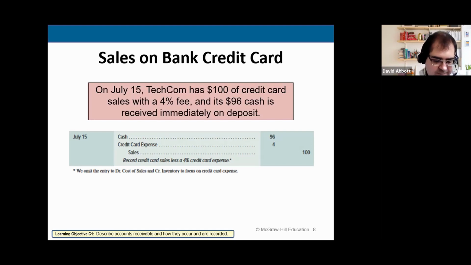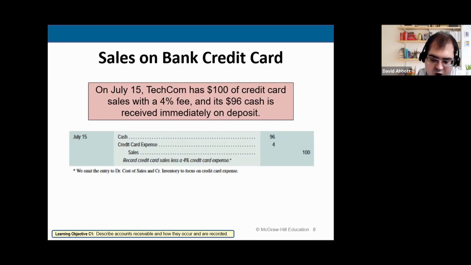So to illustrate, if TechCom has $100 of credit card sales with a 4% fee, so that means the bank charges a 4% fee, and $96 of cash is received immediately on deposit, the entry would be a credit to sales for the entire amount of the sale, which is $100. However, TechCom will debit cash for $96, which represents how much cash they will actually be collecting from the bank.